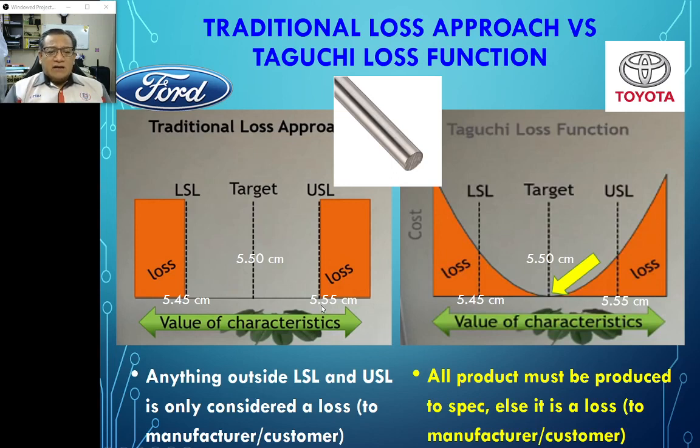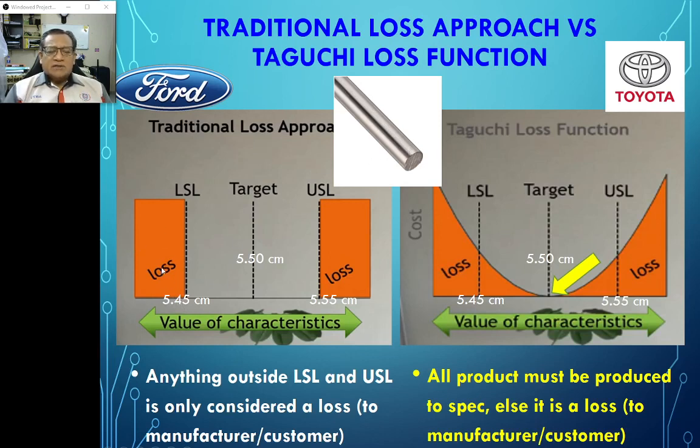It is considered a loss to you if it is produced bigger than 5.55, because your rod is definitely too big. You cannot send it to the customer, or else the customer will reject it, and that is a loss for you. If you produce a much smaller iron rod for the customer, like 5.43, that's considered a loss because the iron rod is too small.